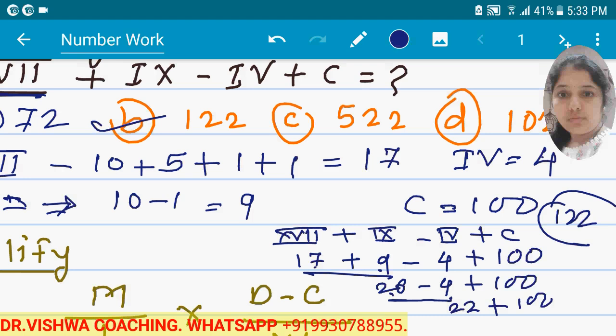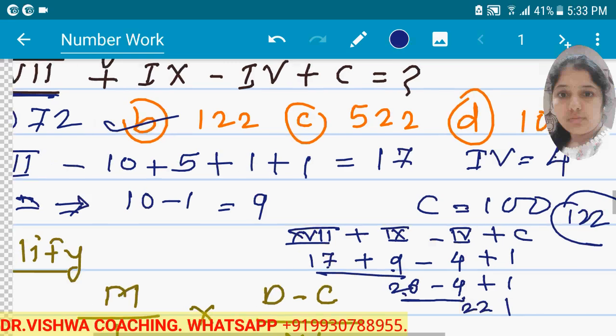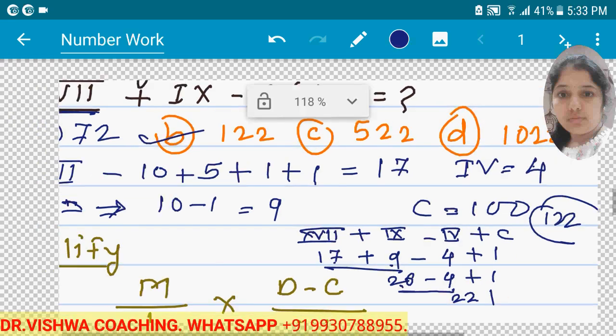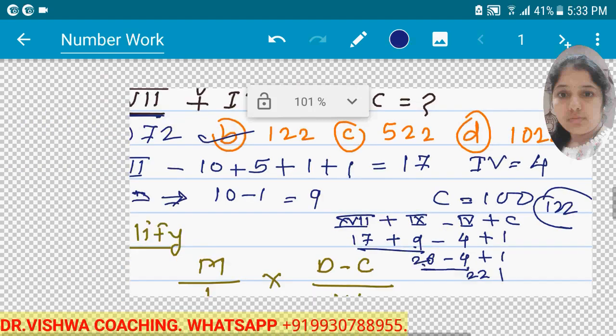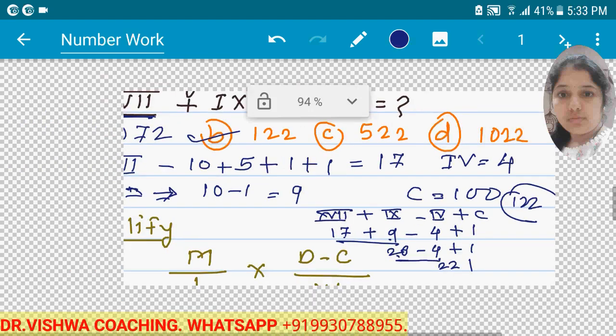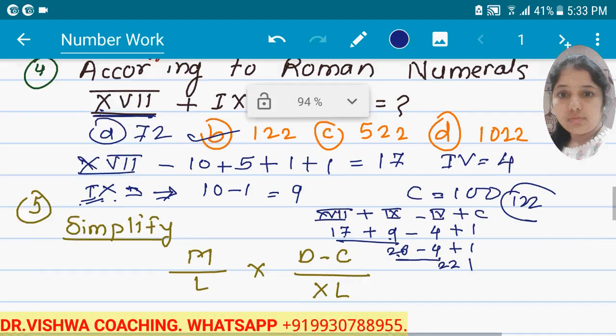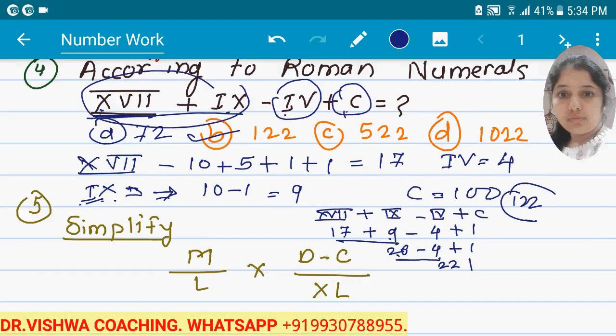I solved it stepwise: I added these two numbers, then subtracted 4 from that answer, and then added the value of C, which is 100. So I got the answer as 122.